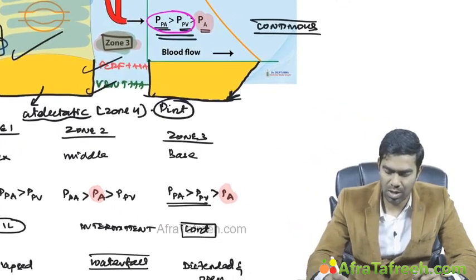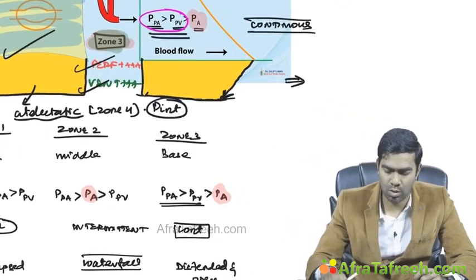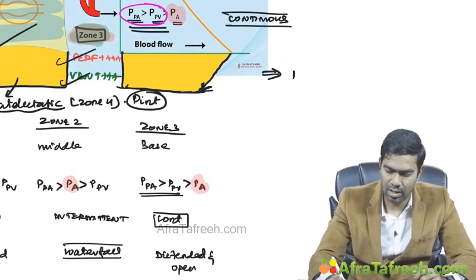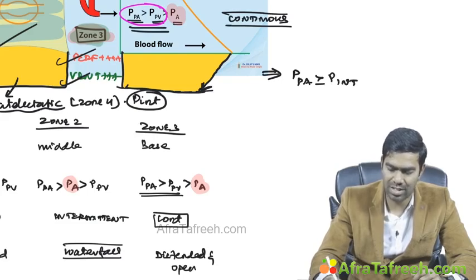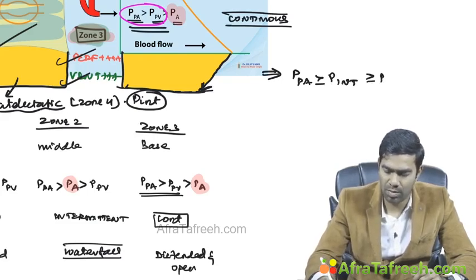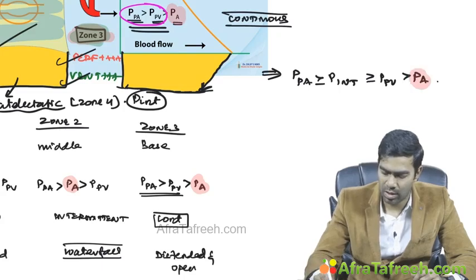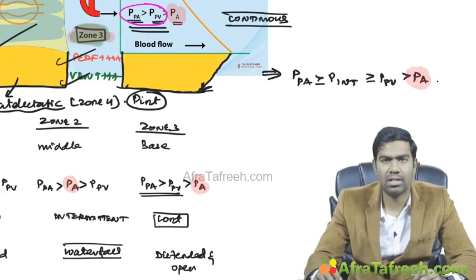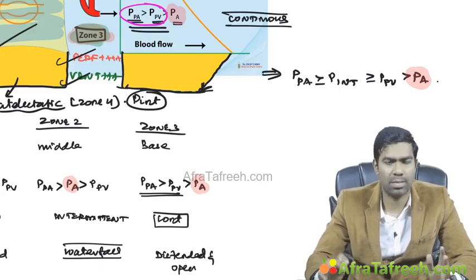So if you ask what will be the equation in this zone 4, you can clearly tell here the pulmonary artery pressure will be more than or equal to the interstitial pressure, which will be more than or equal to the pulmonary venous pressure, which will be more than the alveolar pressure. Which means once again, your alveolar pressure has become the least, like what is commonly seen in the base of the lung.